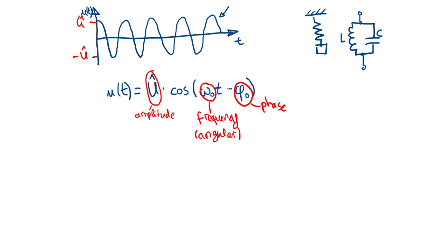So if we consider here is the time point 0, and we consider here the first maximum of the monochromatic signal, then the phase defines the shift between the origin, so the time point 0, and the first maximum of the oscillation. So here in this case, the phase is 0.